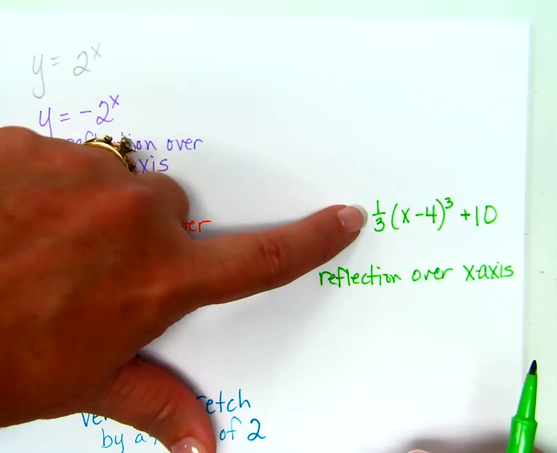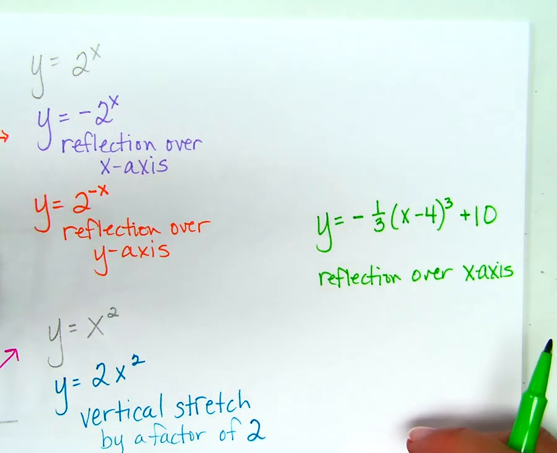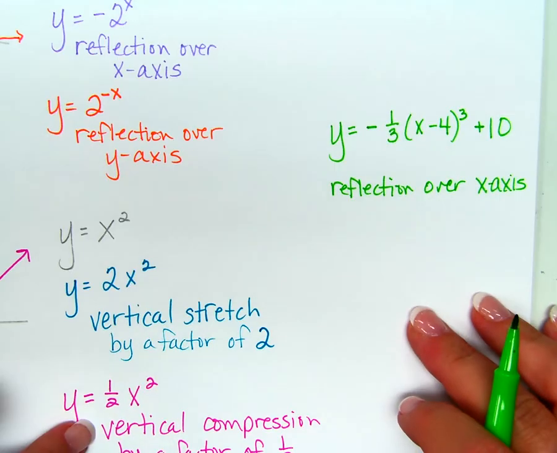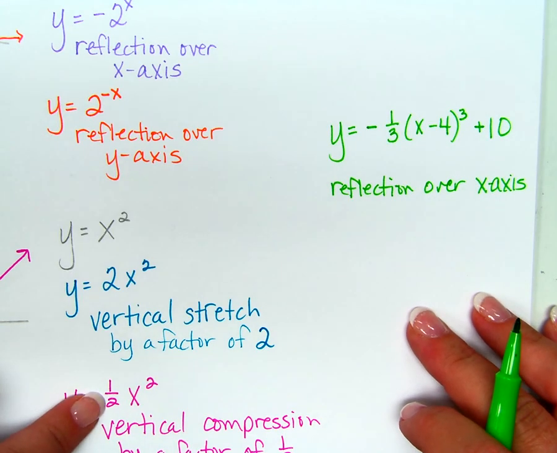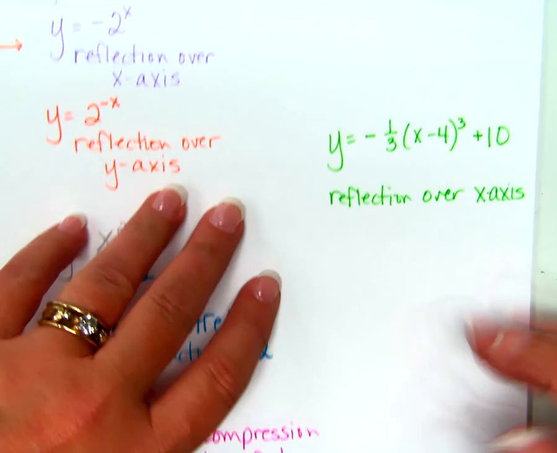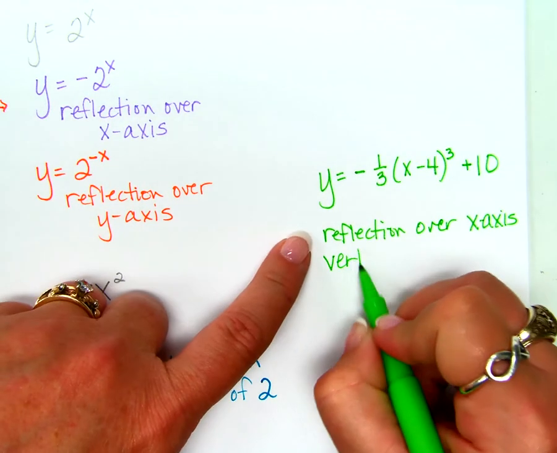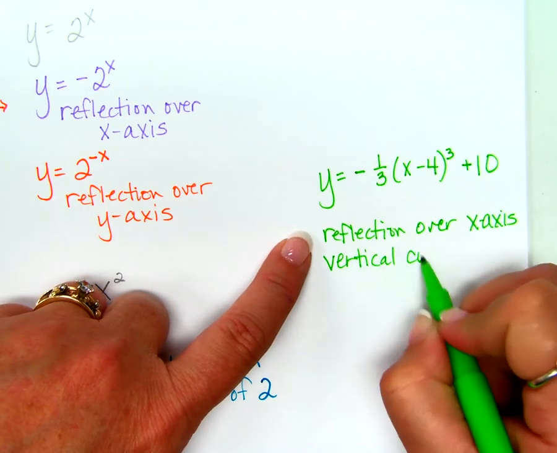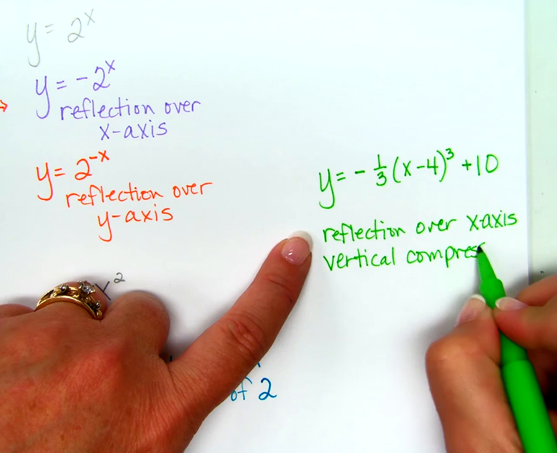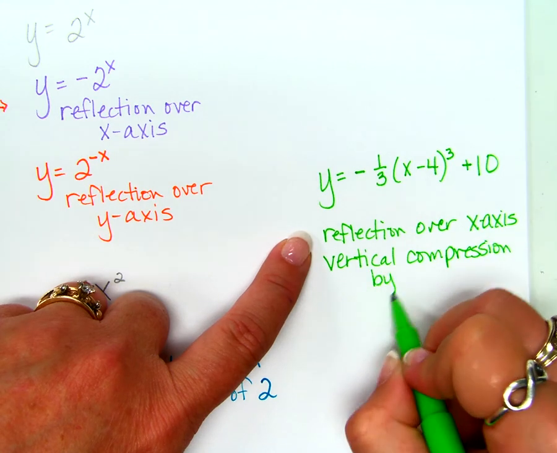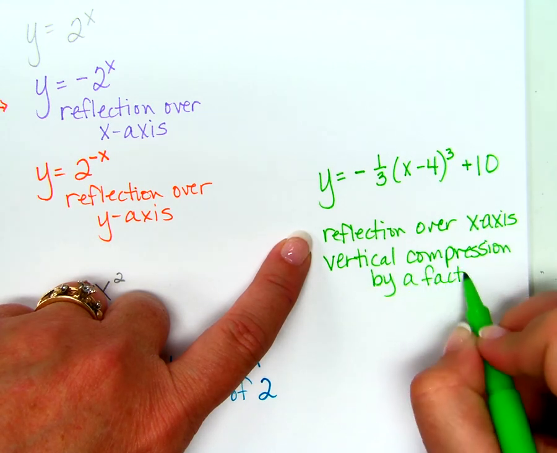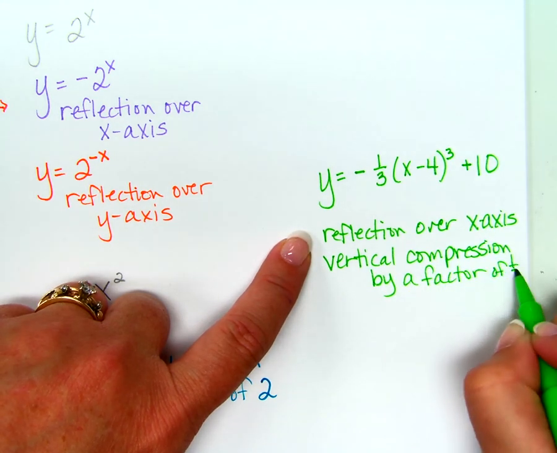Then we get to the 1/3. That's outside. Is it greater than 1 or is it between 0 and 1? So it is a vertical compression by a factor of 1/3.